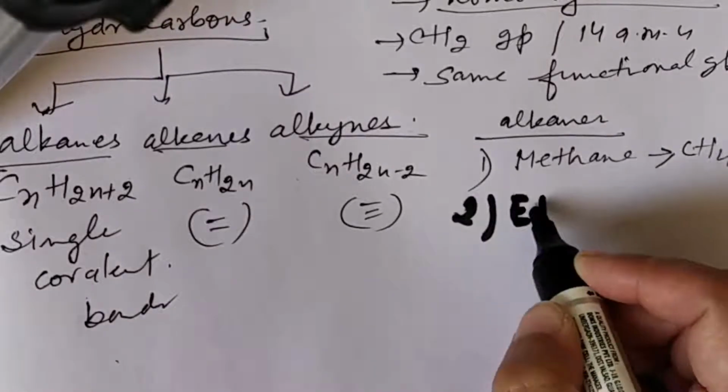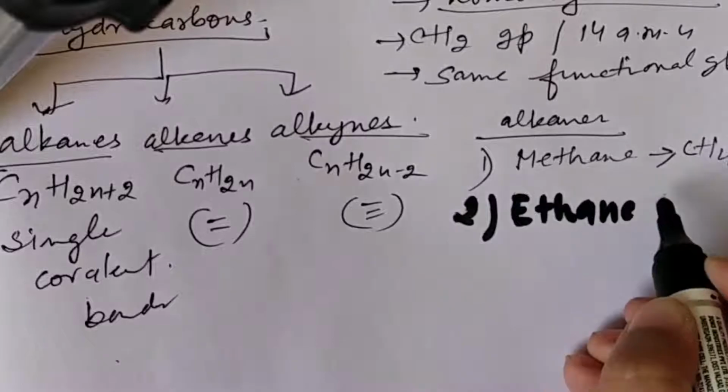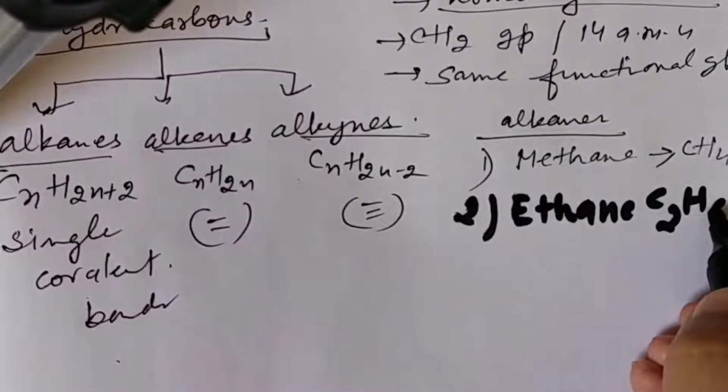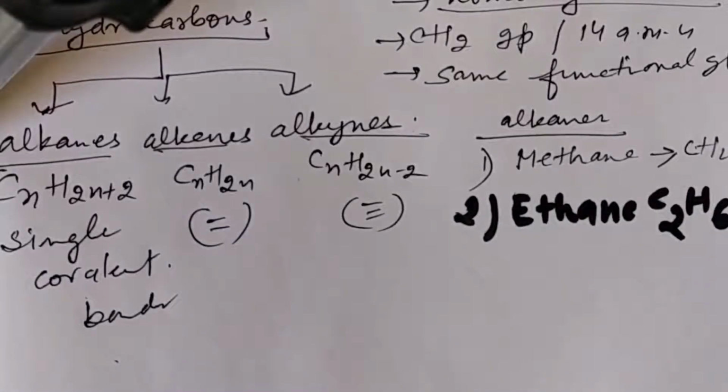If we take another member of the alkane family, it will be C2H6. The first member is methane, the second member is ethane.